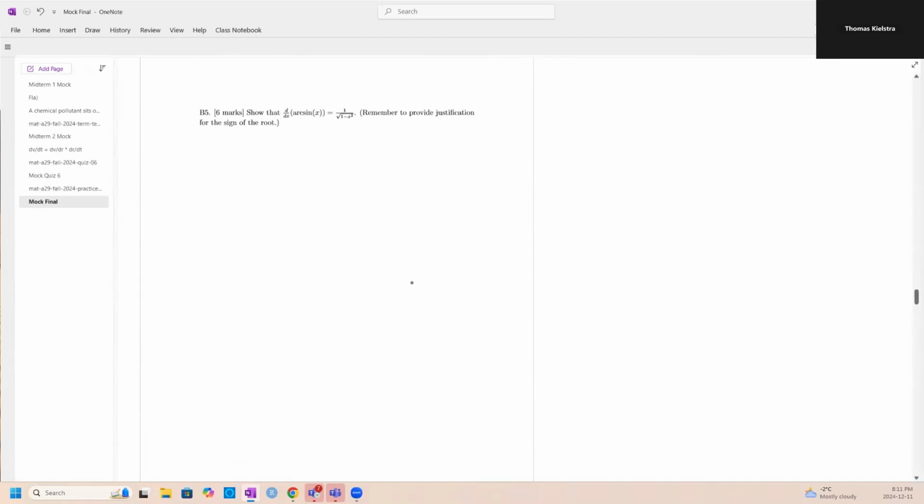Now, B5. B5 is very similar to all of our other ones that are like this. We have our function, f of x equals sine of x, f inverse of x equals arcsin of x, f prime of x equals cos of x.